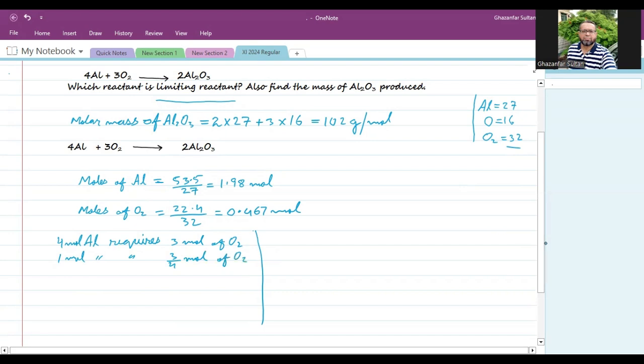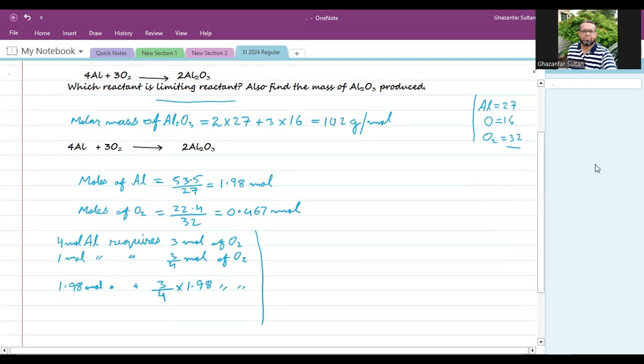And we are given 1.98 mole. So 1.98 mole of aluminum requires 3 upon 4 into 1.98 mole of oxygen.